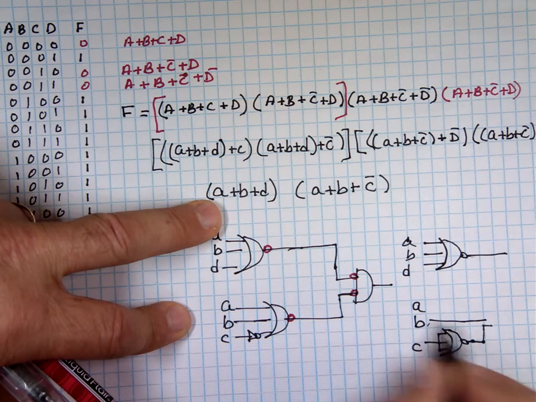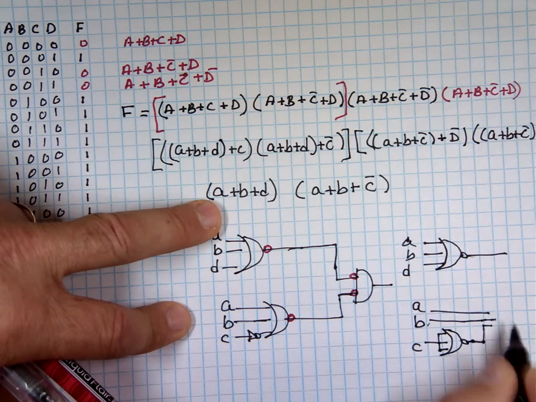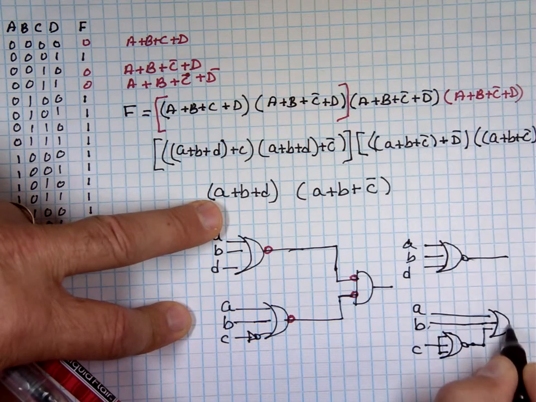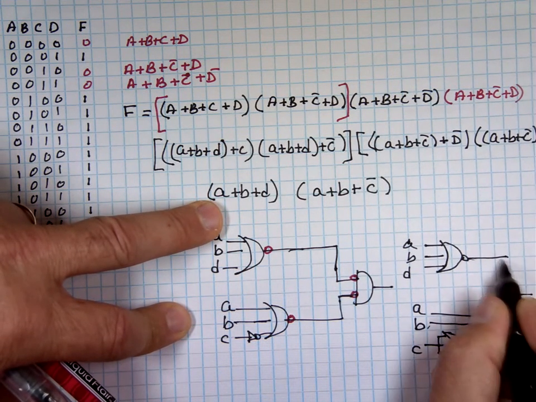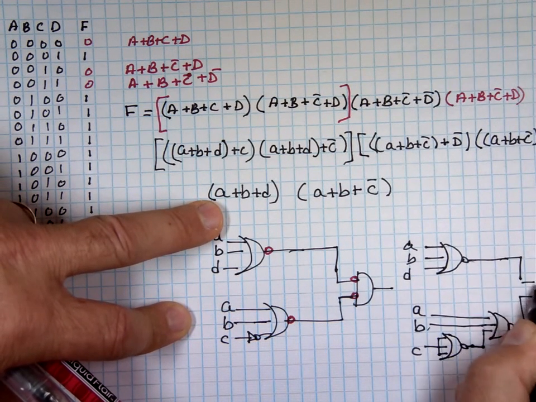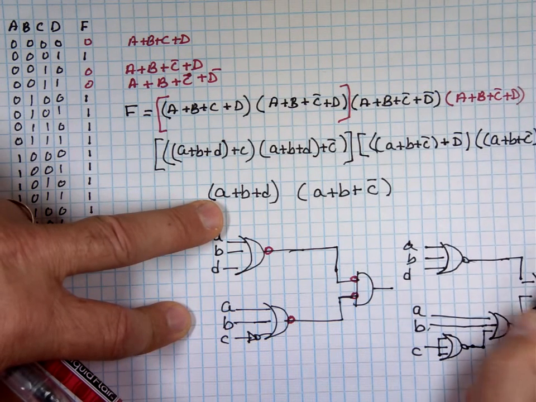NOR gate, and that result is NOR together. Well, if this NOR gate has three inputs, just like the rest of them, then I'll take one of these and attach it twice. Doesn't matter which one.